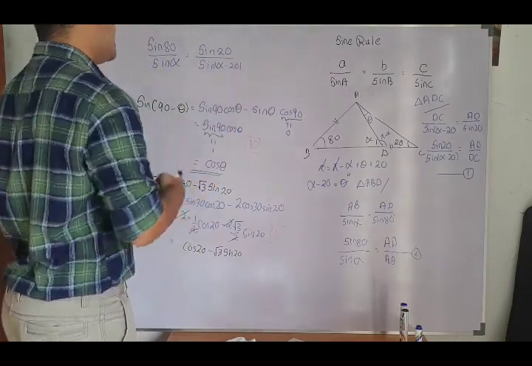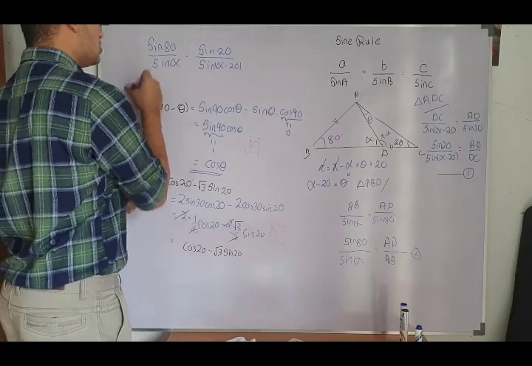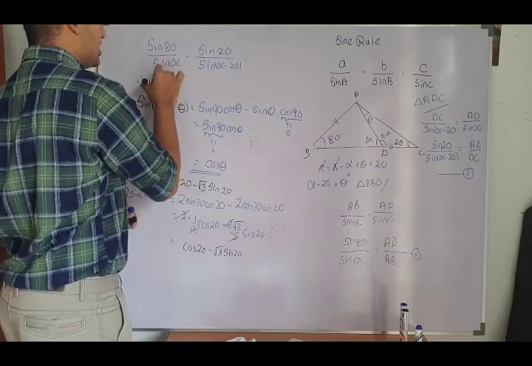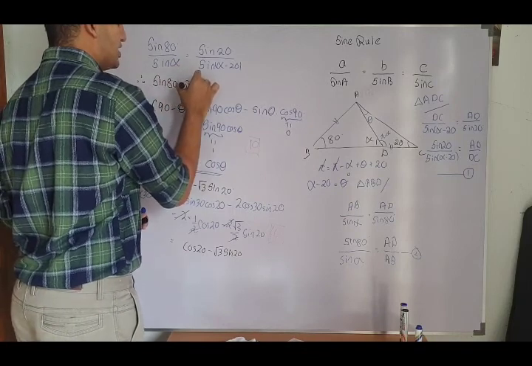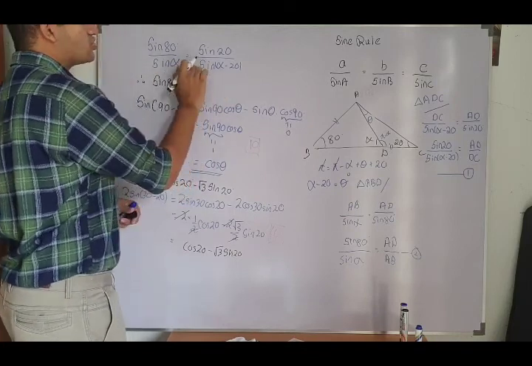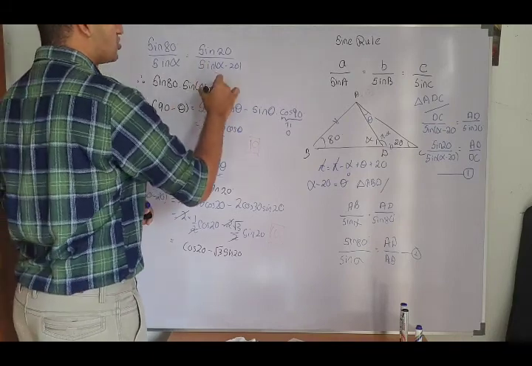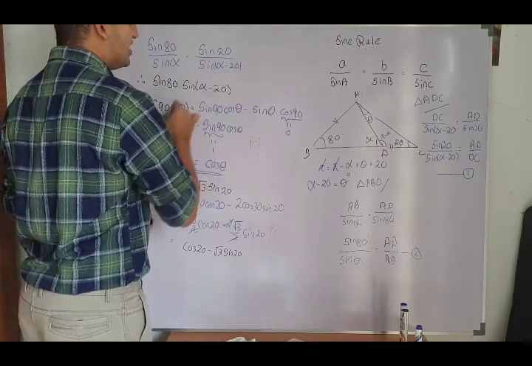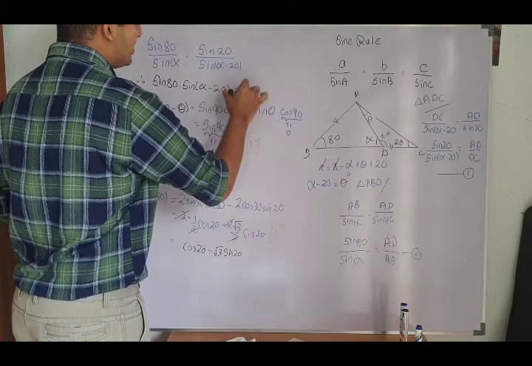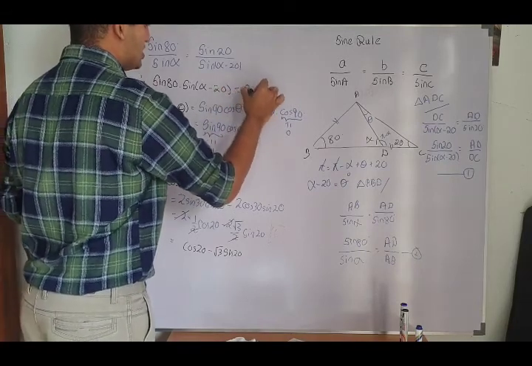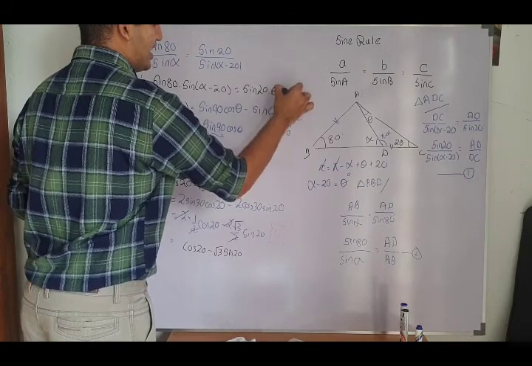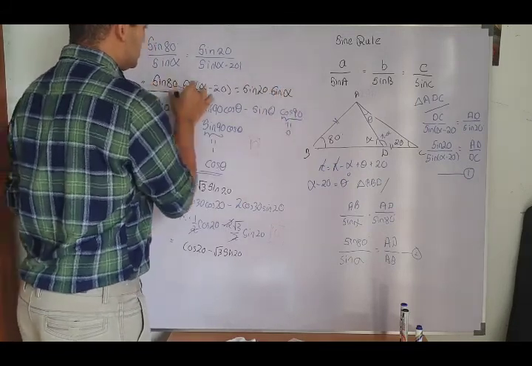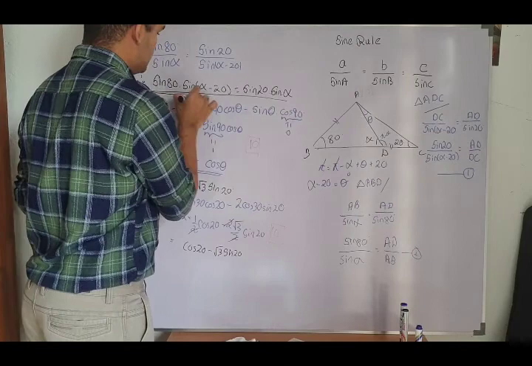Finally, we will get the answer. For sine 80 sine alpha, you should use cross multiplication. You cross multiply the left hand side and the right hand side, and then you will obtain sine 20 dot sine alpha. This is your final answer.